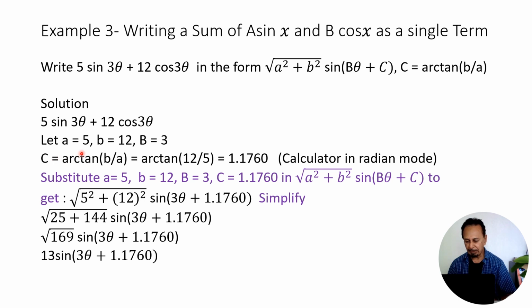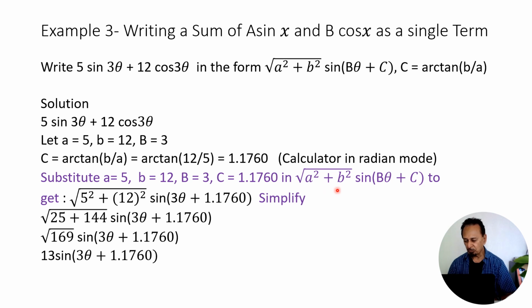So we let a is 5, b is 12, and uppercase B is 3. So we can find the angle c, arctangent b over a, which is arctangent of 12 over 5. Putting it on the calculator gives you 1.1760.